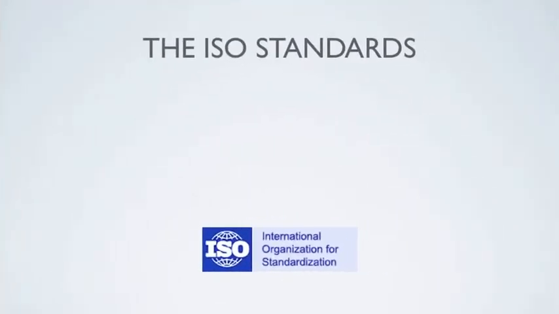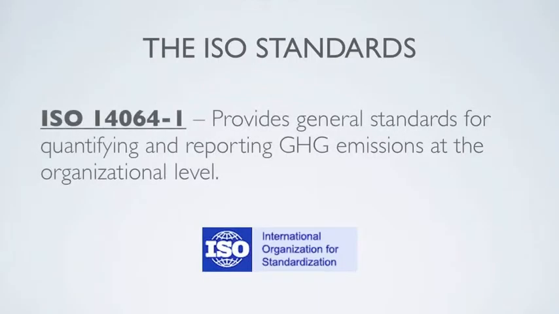ISO standards. There are 3 international standards relevant to greenhouse gas accounting. These are known as the ISO 14064 standards, developed by the International Standards Organization. ISO 14064-1 is the standard for GHG accounting at the organizational level and is the standard that is relevant to this course.